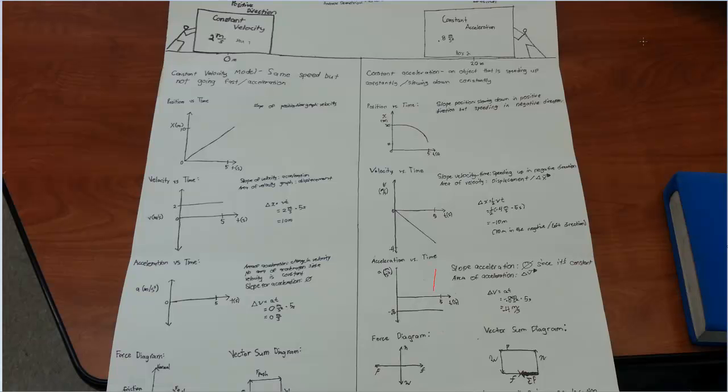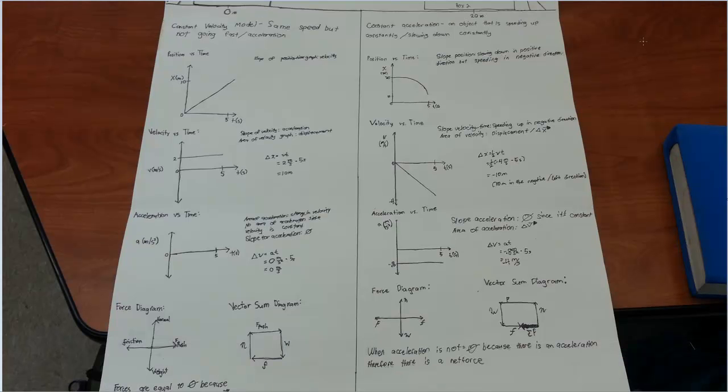It's showing that it's constant because over time we speed up by a constant amount, so the acceleration cannot be zero since we are constantly accelerating based on the velocity time graph. And the area of the acceleration time graph is the change in velocity.